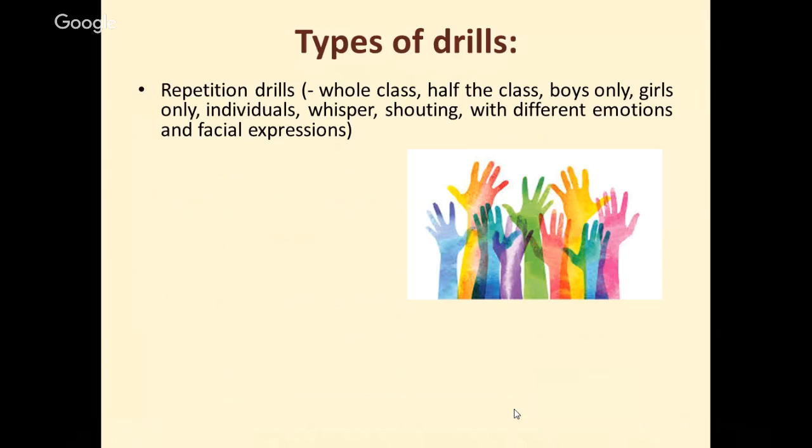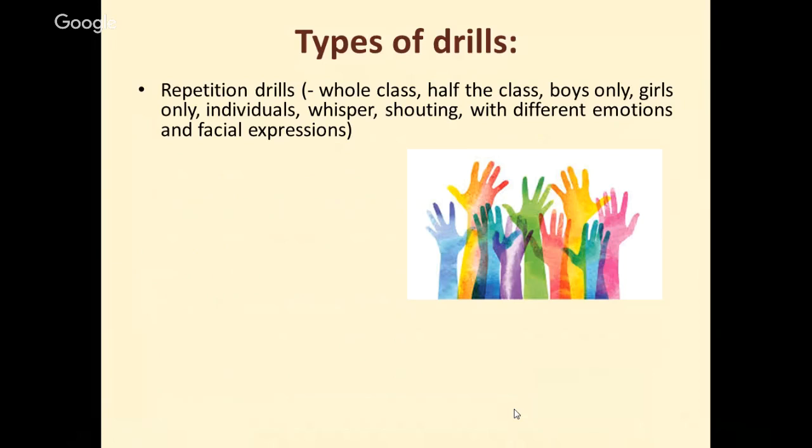If your class is too loud, you can offer them some whisper drills. If your class is too quiet and you want to liven them up, you can offer them some shouting drills with different emotions, different facial expressions, physical movements.